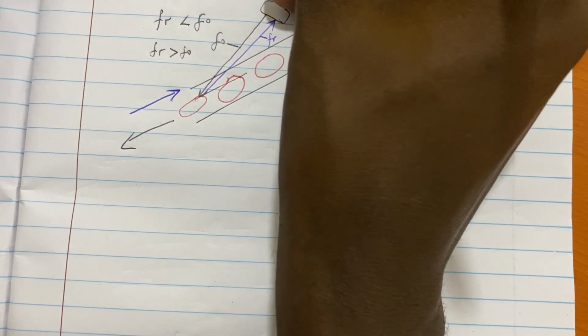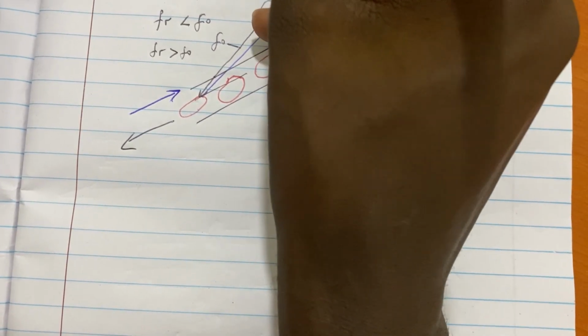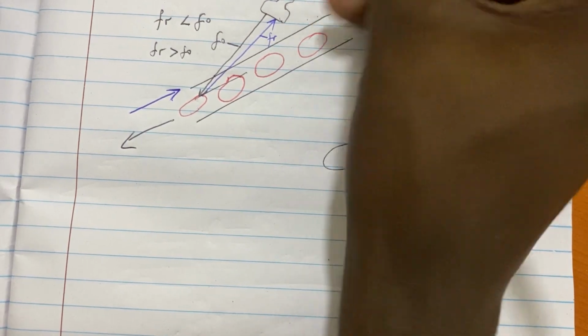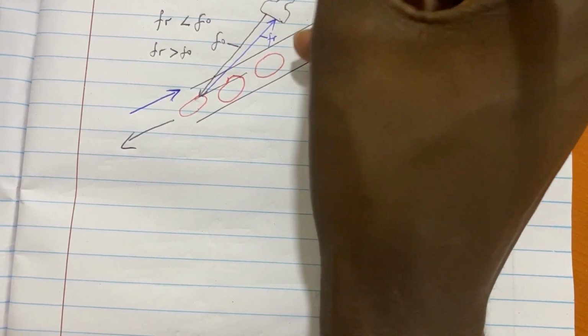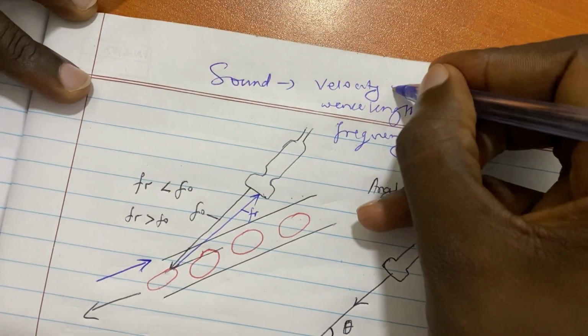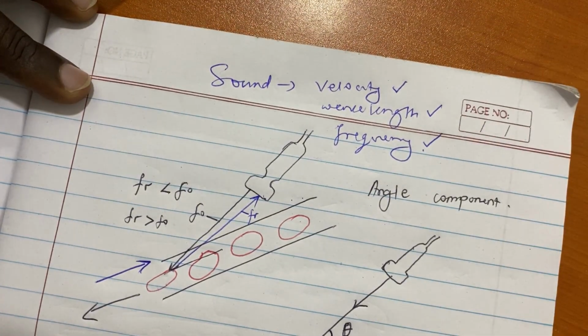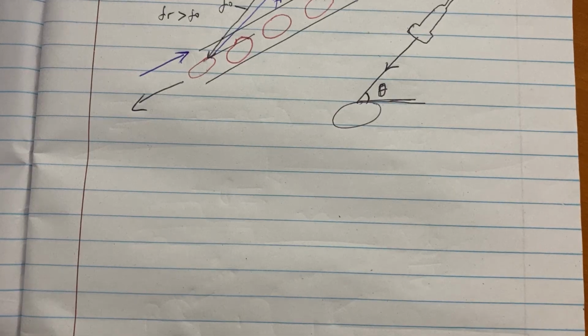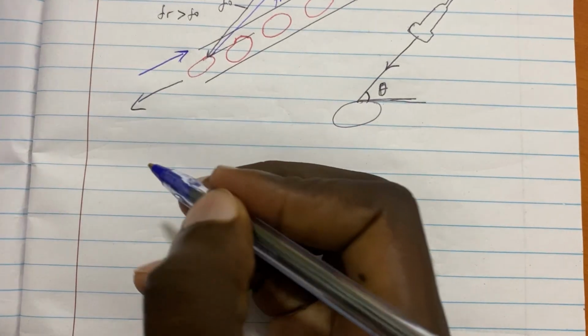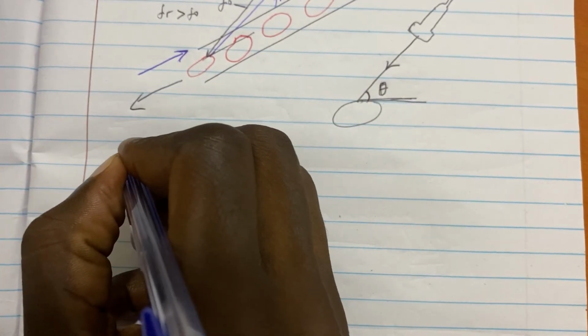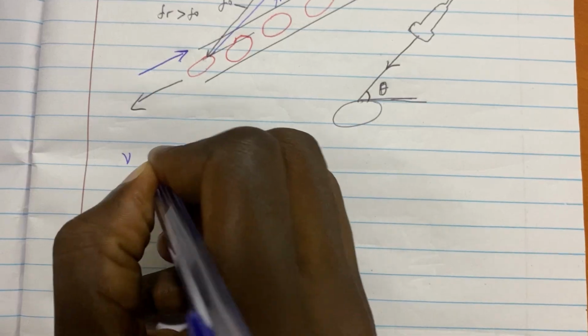Remember, sound as a thing has so many properties. It has velocity, wavelength, and frequency. They are related. Is it by this formula?